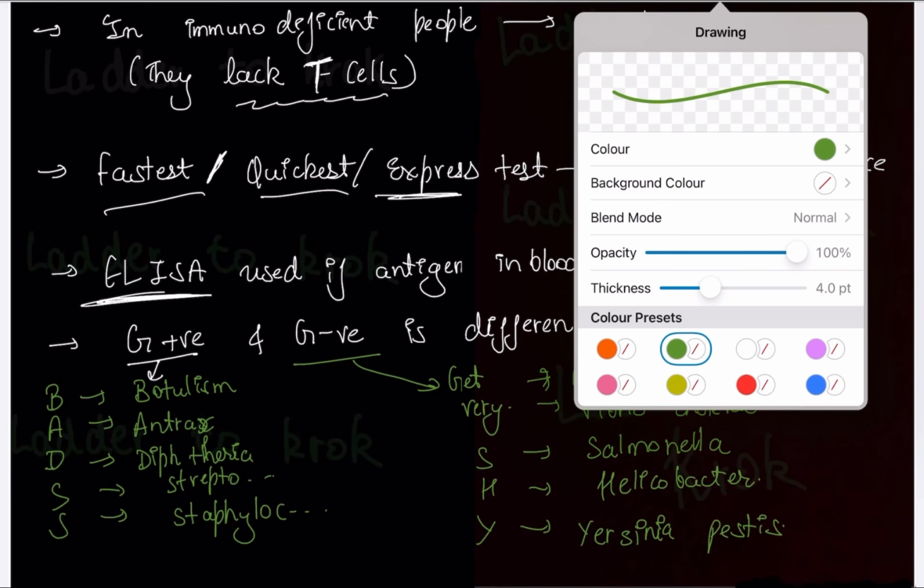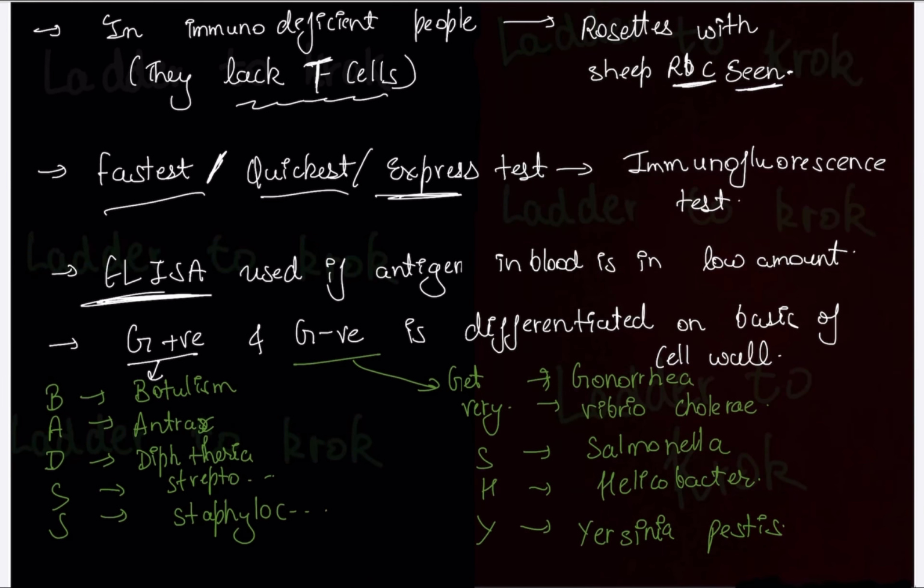And here you can write one more point, that of spore forming bacteria. What are our spore forming bacteria? They are Clostridium, which is very commonly asked, and anthrax.